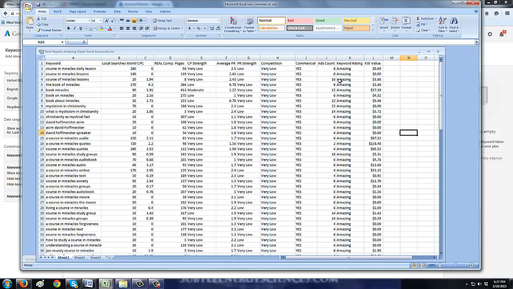Now, as you go down these ads, you can see in some cases there's 22. This is Book About Miracles. So you have to see how many of these you really like that actually are pertinent. But you can see, even though there's keyword value, let's look on this line. A Course in Miracles quotes, 720 searches a month.